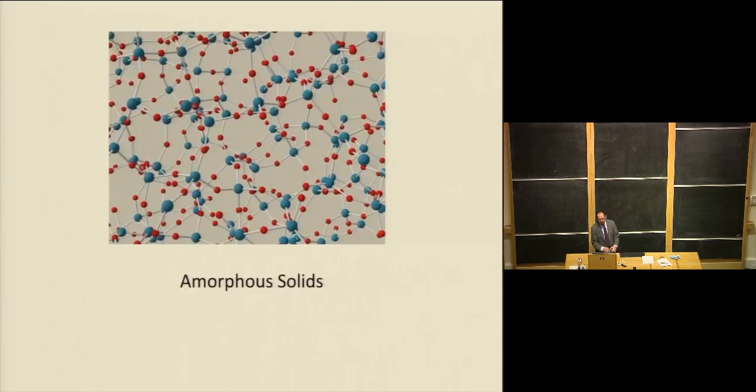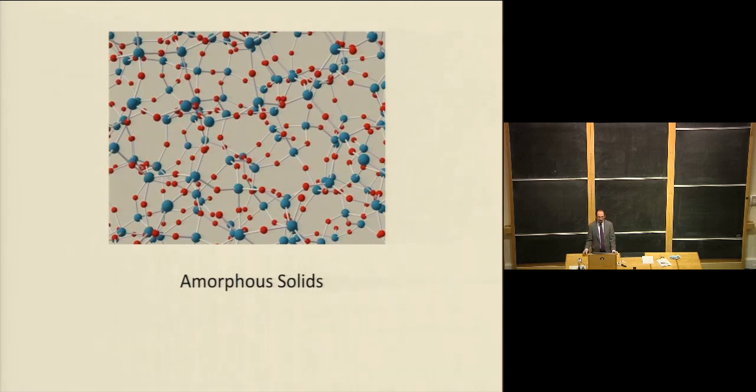One can have situations where something is not so organized, a little bit more disordered. This is what's known as an amorphous solid. The word amorphous comes from Greek, meaning without form. Obviously, the object has form of some sort, but it's a disordered form. This is another depiction of silicon dioxide, but it's amorphous silicon dioxide.